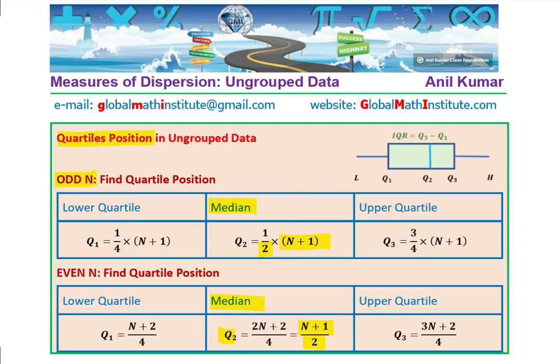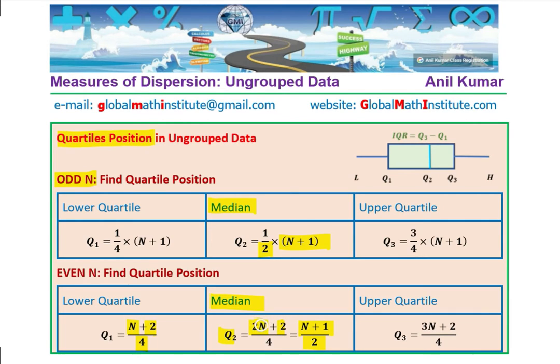Now, to make it simple for you to remember the formula, I've slightly modified it and written it in an interesting way. So see, I'm writing Q1 as n plus 2 divided by 4. Here I'm writing 2n plus 2. Do you see that? So plus 2 divided by 4 is common.